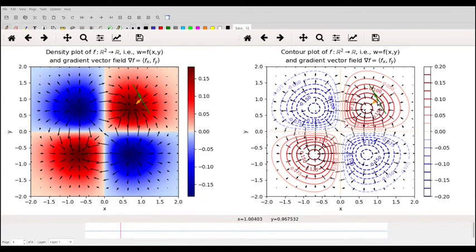But if you move in a direction perpendicular to the gradient vector, here the orange vector, the directional derivative would be 0. By the way, the black vectors plotted on both of these plots are the gradient vector at every given point. You can see very clearly that the gradient vector at every point is pointing in the direction of fastest increase, or directly uphill, which is perpendicular to the level curves at any point.